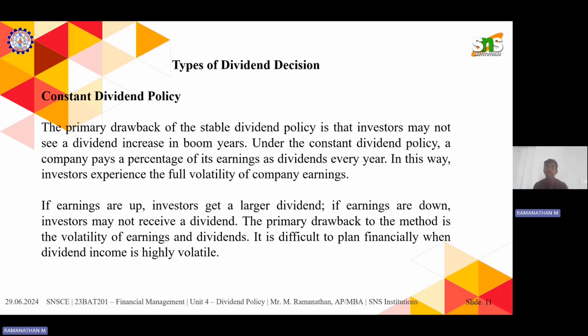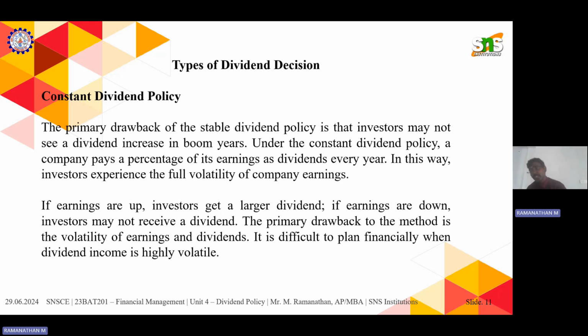So the drawback of a stable dividend policy is that every year, whether we get profit or not, we have to give dividend to the shareholders. But in this constant dividend policy, every year you give based on the earnings or net profit. If earnings are high, the dividend will also be high. If earnings are less, the dividend will also be less.